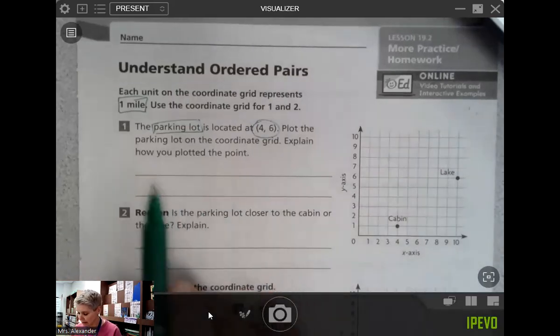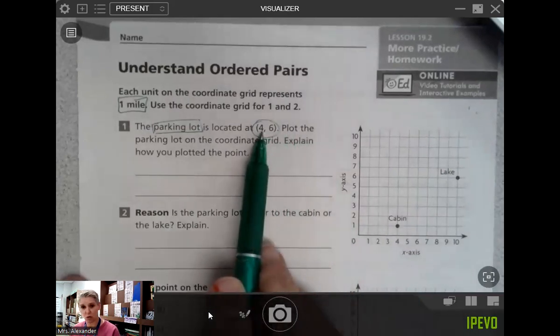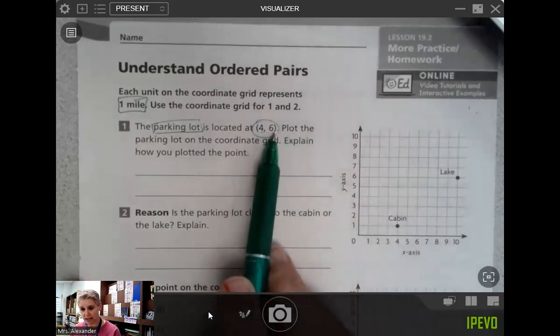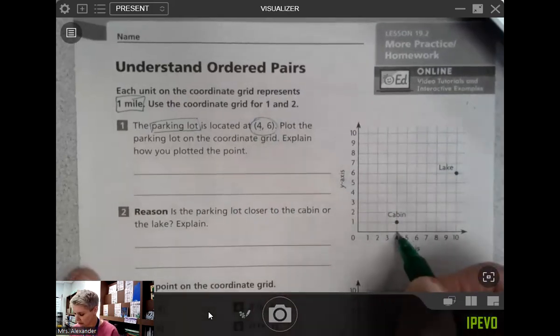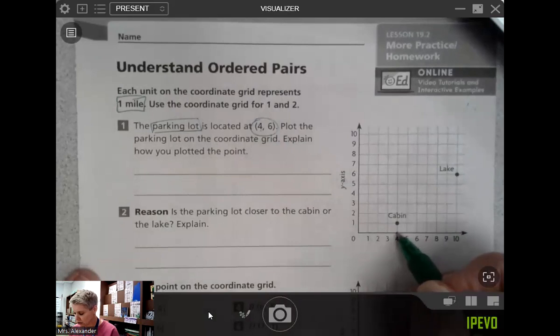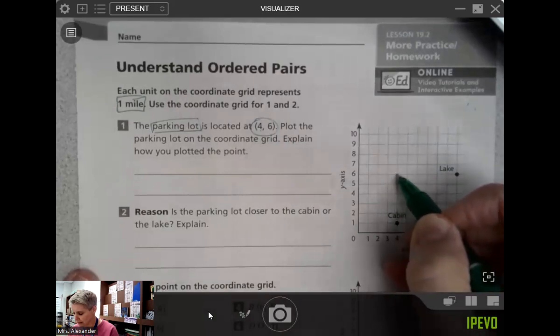So I'll talk about it and then write it. As we remember, this is our x coordinate and our y coordinate. So we match those up with the x and y axis. We're going to go on the x axis to the right 4 places. Then we'll go up on the y axis 6 places.